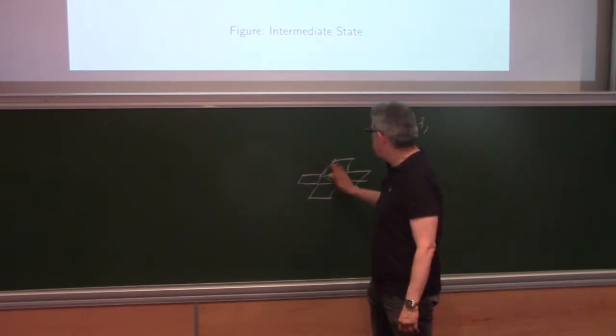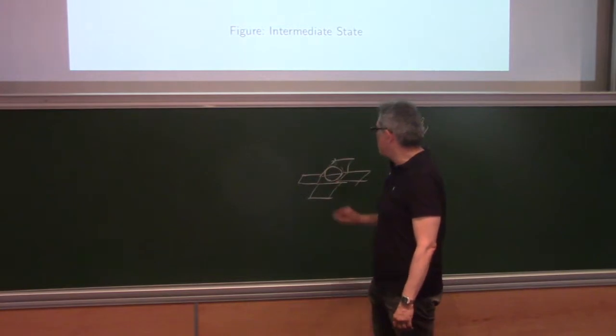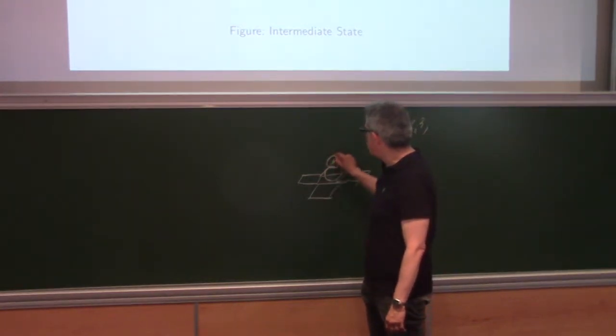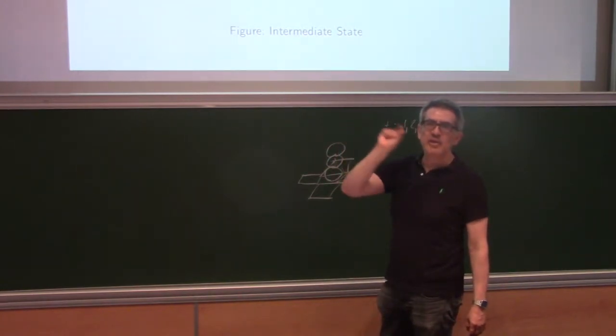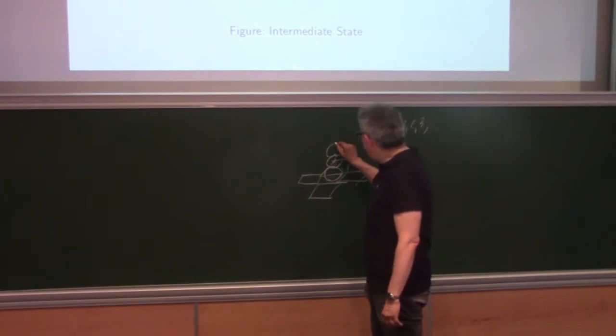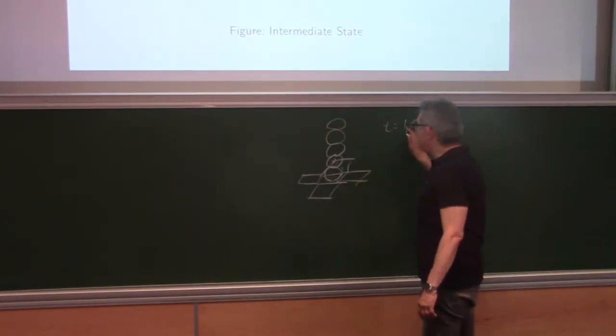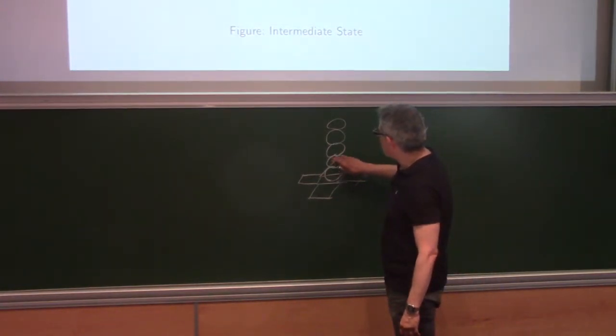If you have no grains of sand, nothing happens at this location. If you have 1, nothing happens. If you have 2, nothing happens. If you have 3, nothing happens. You are to think that the tiles are more or less of the size of the sand. But then, when there are 4 grains of sand or more, in a unit of time, spontaneously, they go to the 4 neighbors.